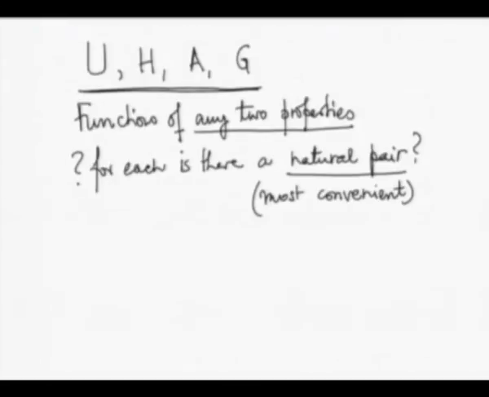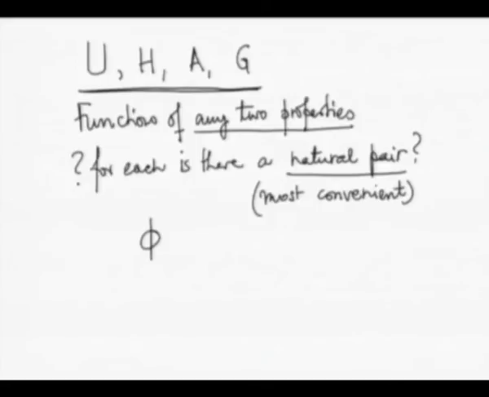Pair because we are looking at a simple system, so two properties would define the state of such a closed system. Okay. So we will consider any one of these properties phi as a function of some two properties x, y. The first question is, which is the pair which is the most convenient to consider as an independent pair of variables for these.